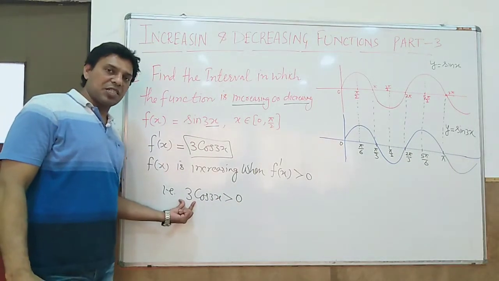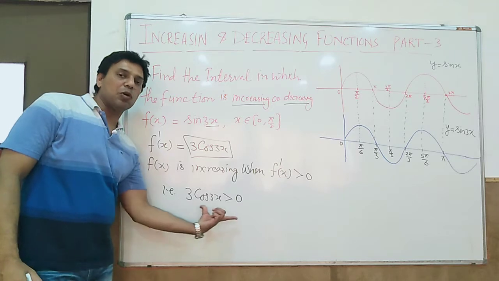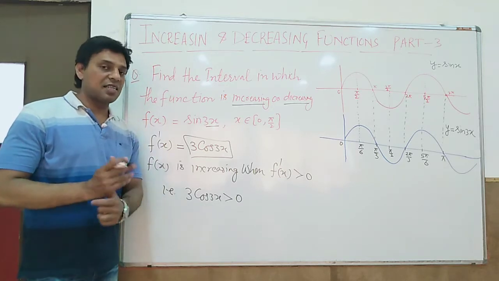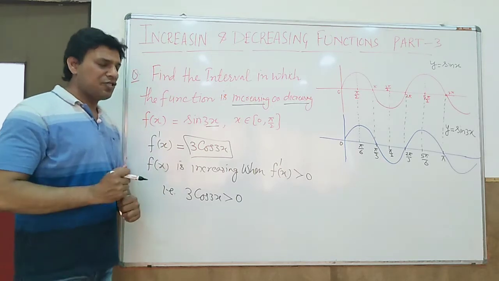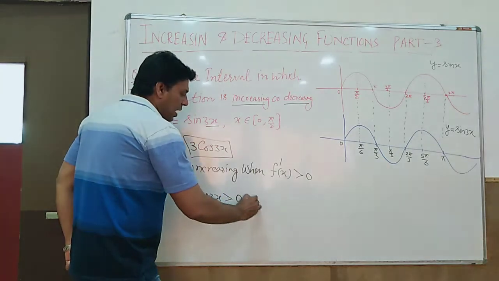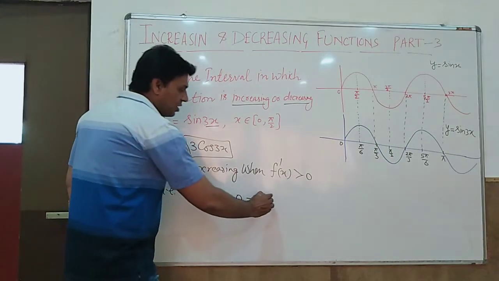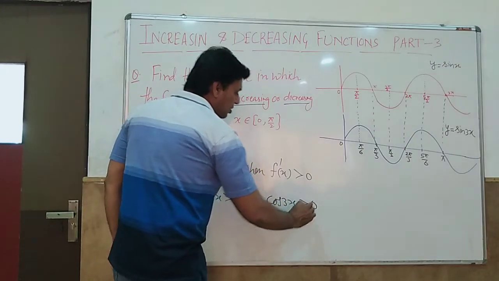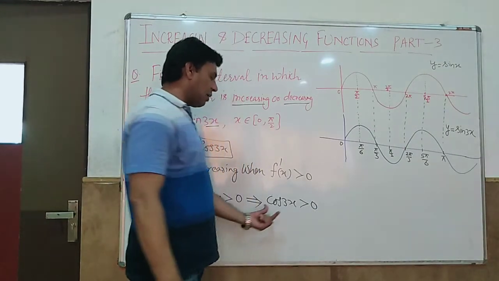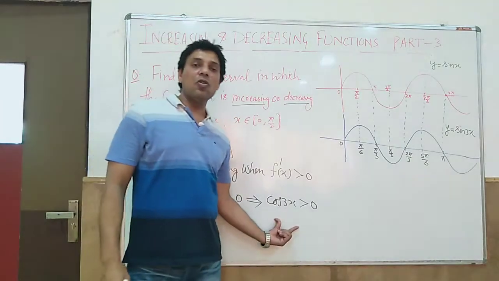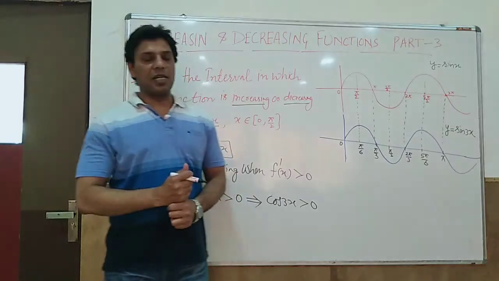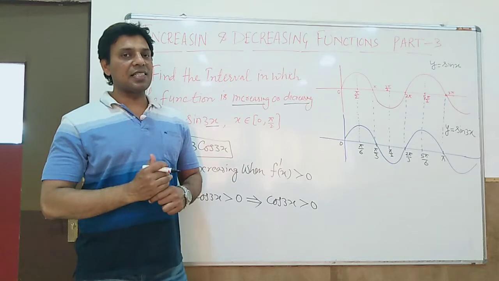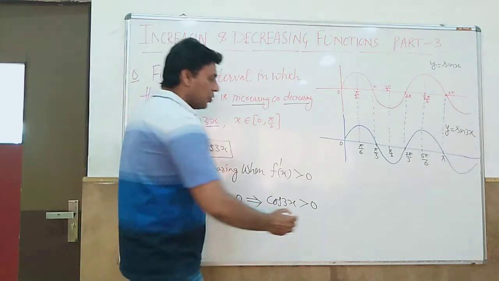Because 3 is a positive number, I can divide both sides by 3 and the sign of the inequality will not change. So this implies cos 3x is greater than 0. Now we have to think about this situation. Where is cos 3x positive?